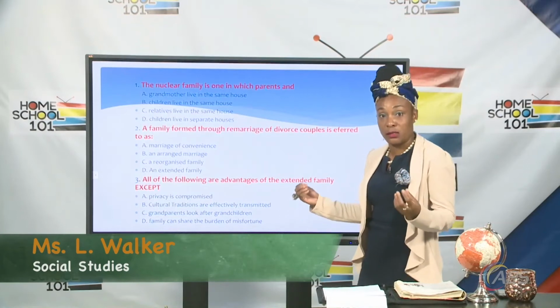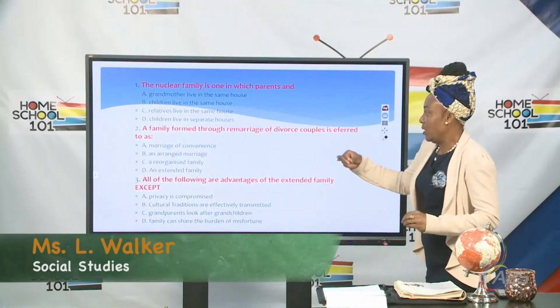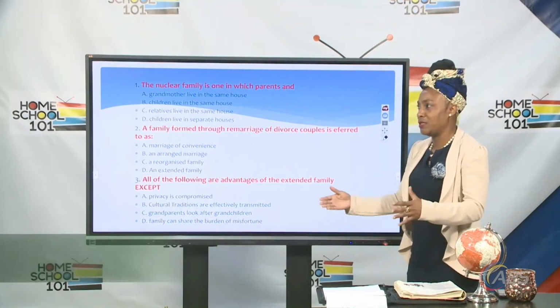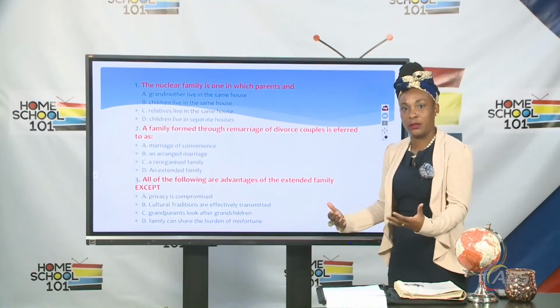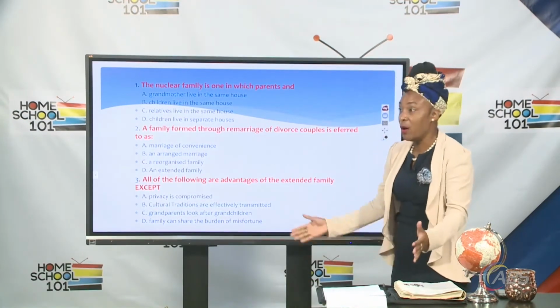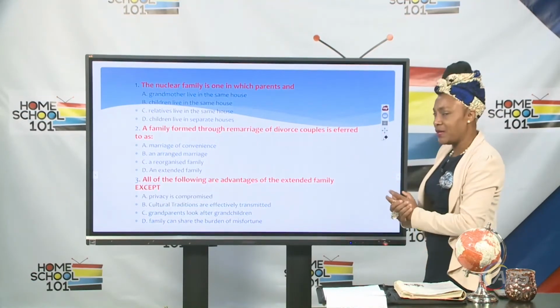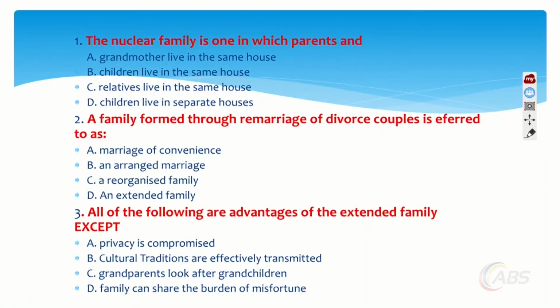Of course, keywords. So, a family formed through remarriage. So if you're talking about remarriage, these persons are coming together, likely with their offspring. So now if they're coming together, man and woman coming together with their offspring, what is the best answer for this? Very well, a reorganized family. Why reorganized?